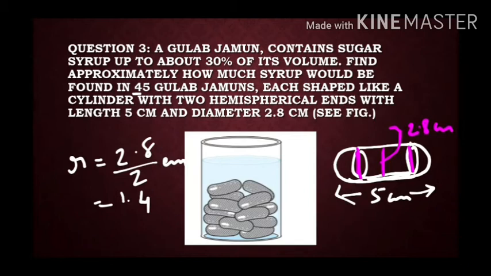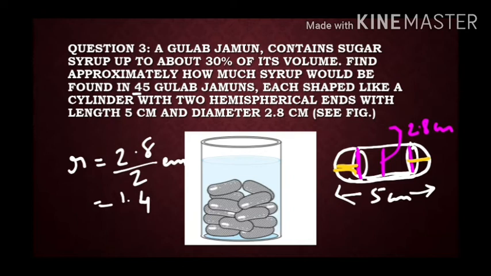Now from here to here it is 1.4 and also from here to here it is 1.4, right. From here to here it is equal to the radius of the hemisphere, from here to here it is also equal to the radius of the hemisphere.